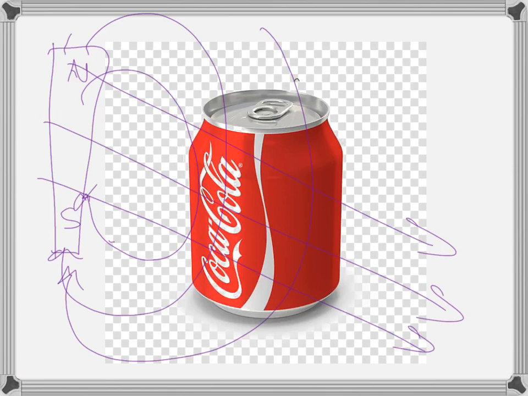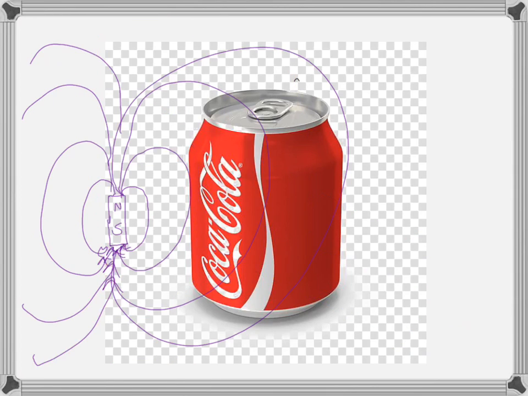Okay, I tried again. So let's say I have a dipole magnet, or any kind of magnet, and just notice that if it's outside of the can, all the field lines that go in come back out, right? So the only way that we can have flux through a closed surface is to put charge inside the surface.